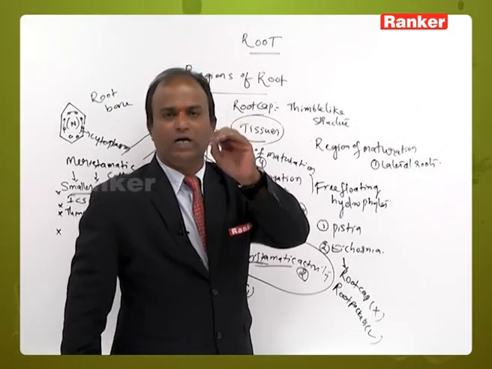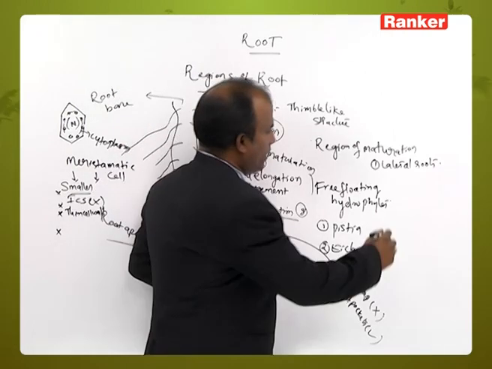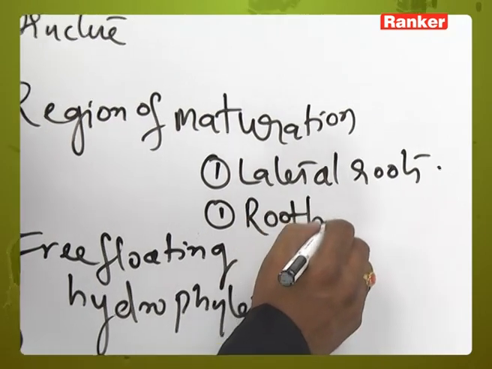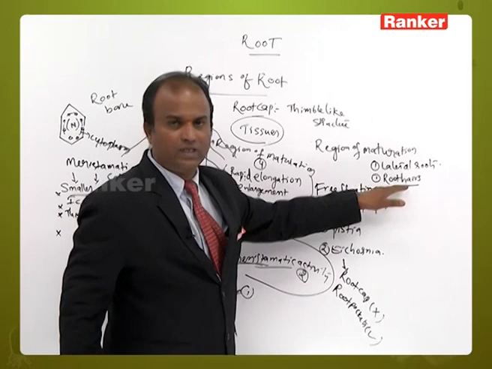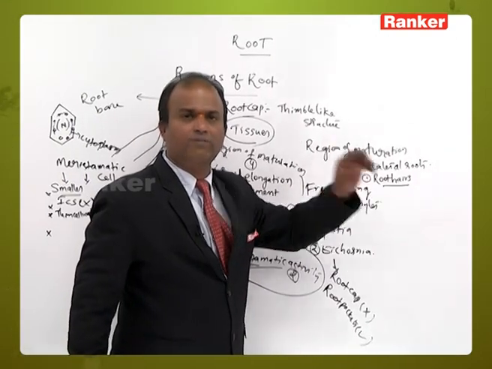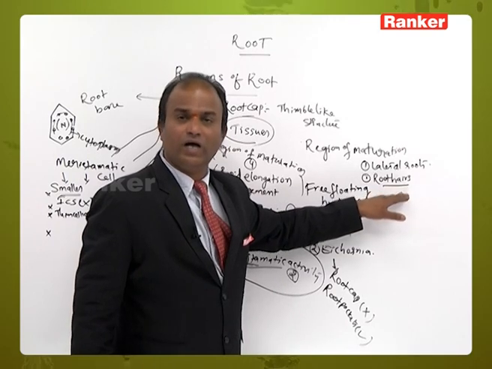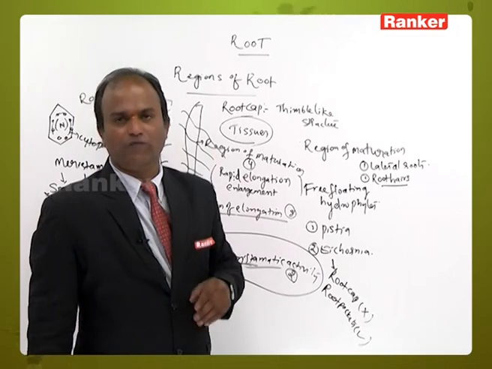They are multicellular and develop endogenously. It also shows root hairs. Root hairs are unicellular, and they are ephemeral in mesophytes and perennial in xerophytes.